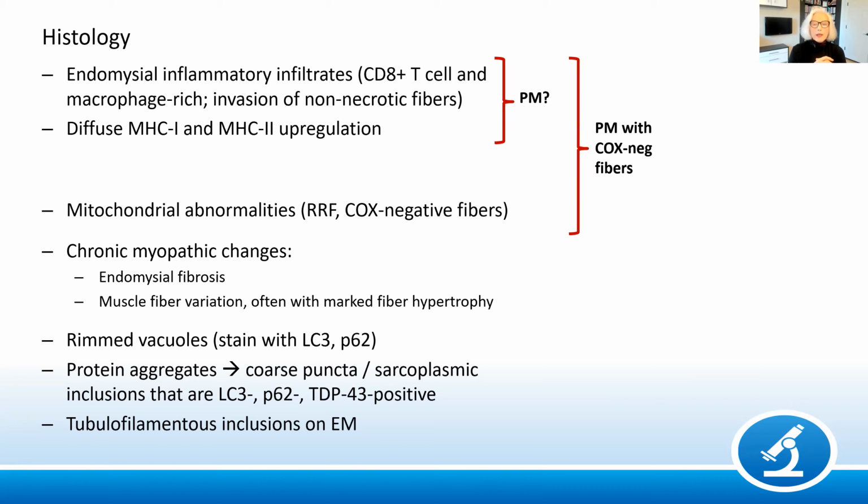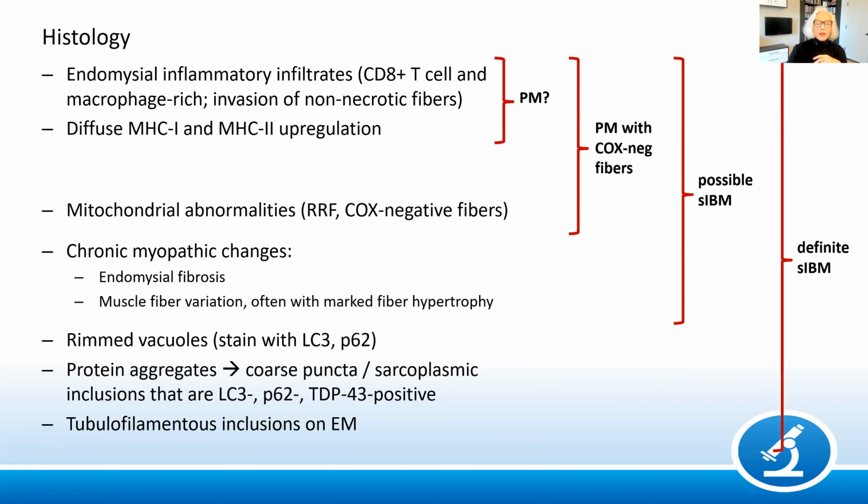Once you have the COX-negative fibers and ragged red fibers, then it's pretty clear that you're on the path to IBM. Then things progress, and you start getting chronic myopathic changes as well, so things that look like dystrophy. And then finally, you start getting the features that make it a definite IBM.